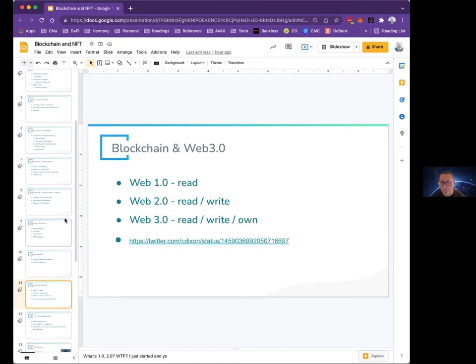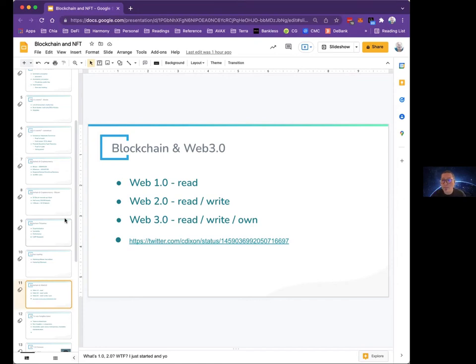So think about the Web 2.0 era. Even though you generate a lot of content, you don't own that content. If you read all those terms on YouTube, on Facebook, once you upload to their website, you kind of grant permission for those companies to use your content.